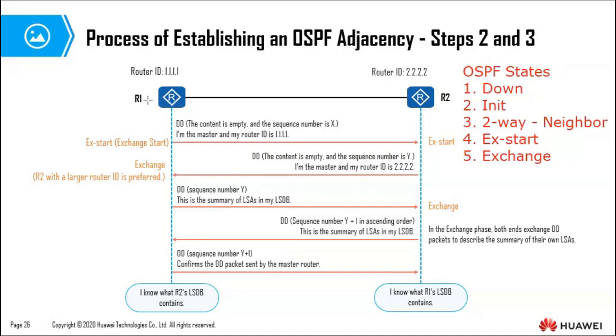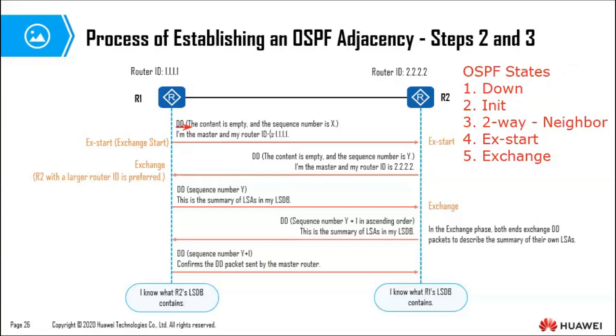So R1 will send a DD packet. You remember DD? Database description. We said database description is used to carry the summary of LSAs, the summary. Now, this time, the content of the DD is going to be empty, meaning you're not carrying any summary information.